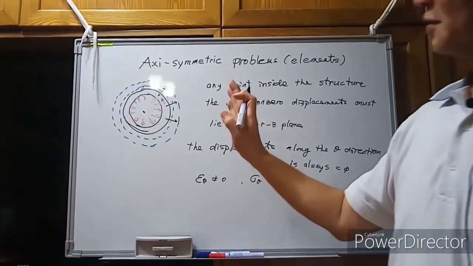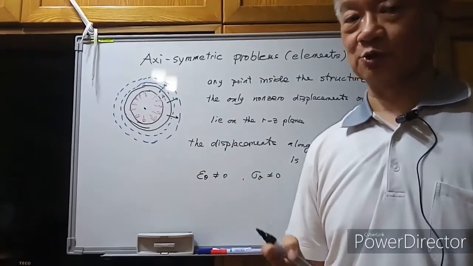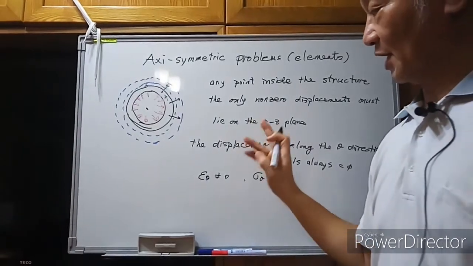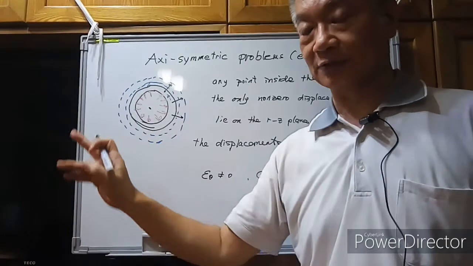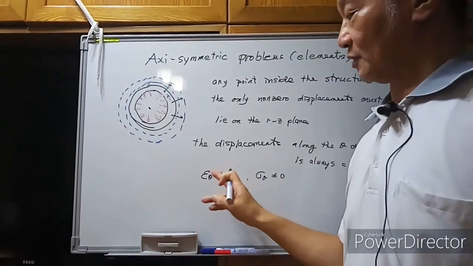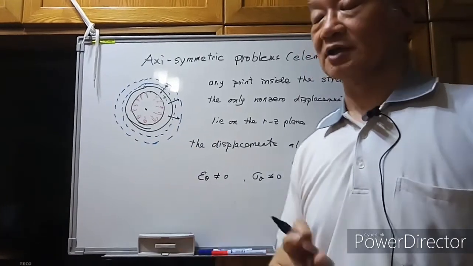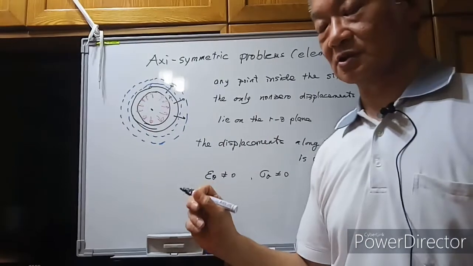Okay, that's the typical point for axisymmetric problems. We have 0 displacement along the theta direction. We have non-zero strain, epsilon theta. Also, the sigma theta is non-zero.